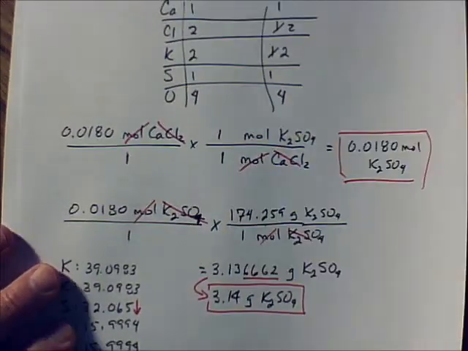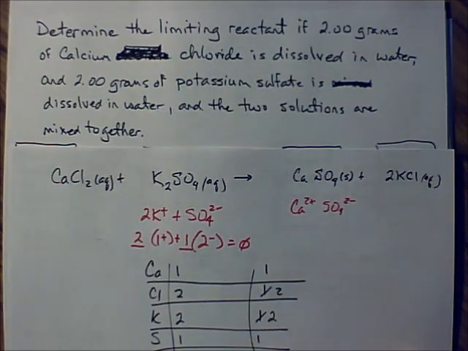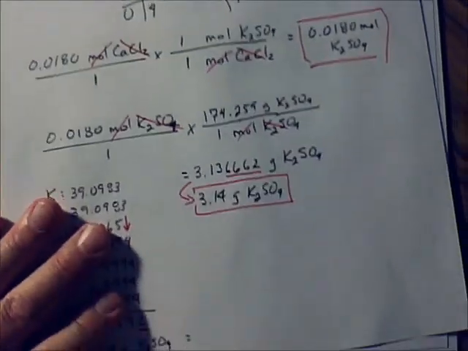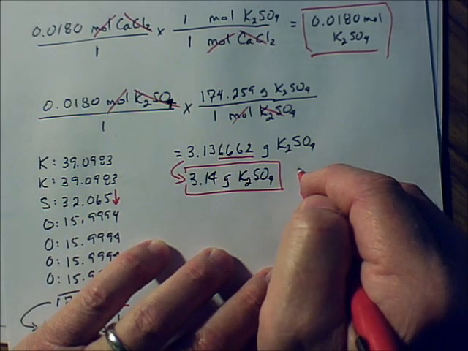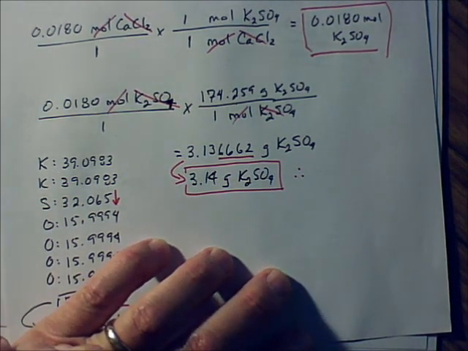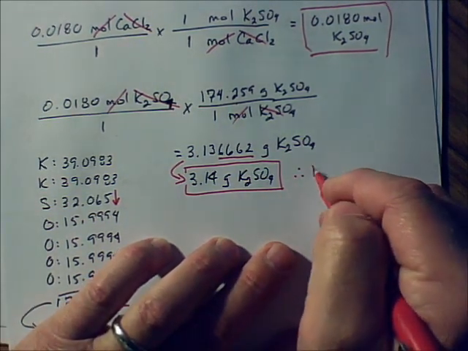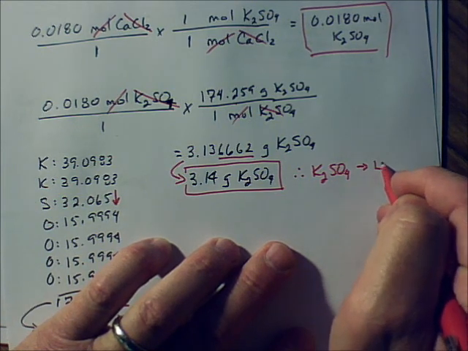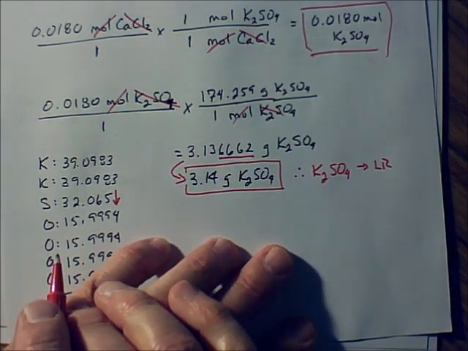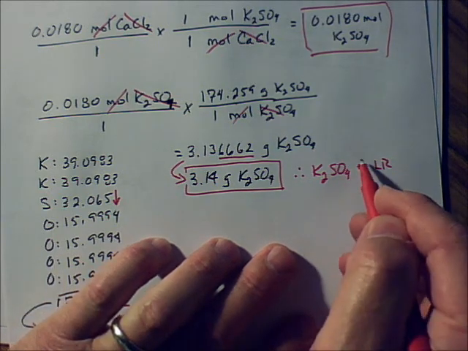Let's look and compare. How much were we given of that stuff? So is this calculated amount greater than the amount given? Therefore, 3 dots means therefore, K2SO4 is the limiting reactant. Or I could say equals the limiting reactant, I guess.